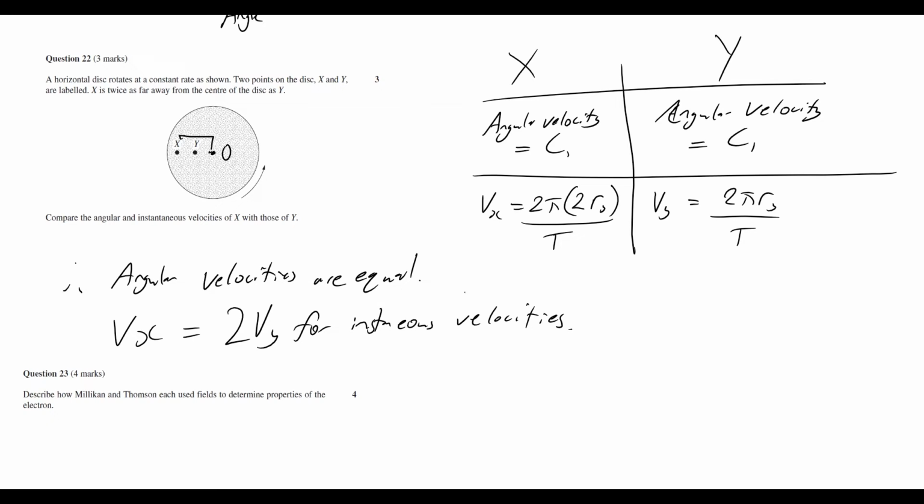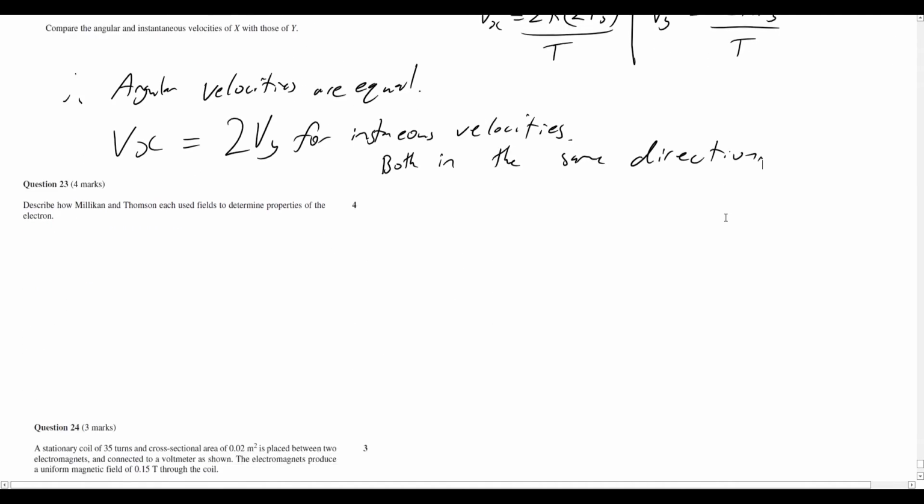And we should also note, since we are observing the velocities here, that they both move in the exact same direction. And I'll just conclude that here. I'll say both in the same direction. Okay. And there we are. So that is question 22. Now on to question 23.